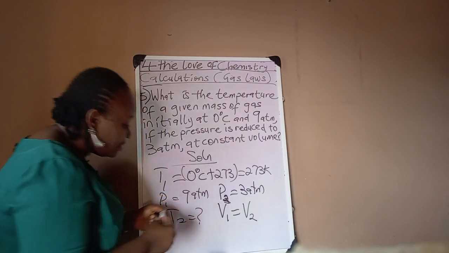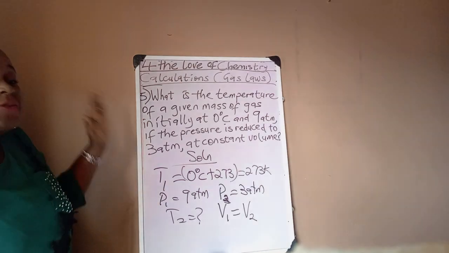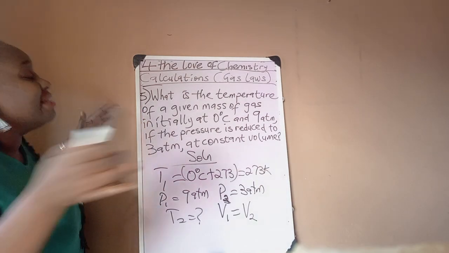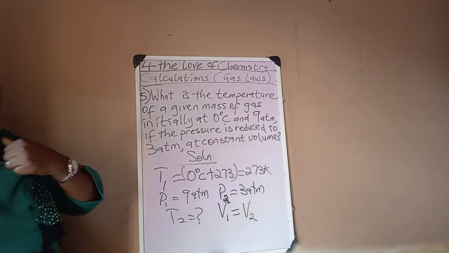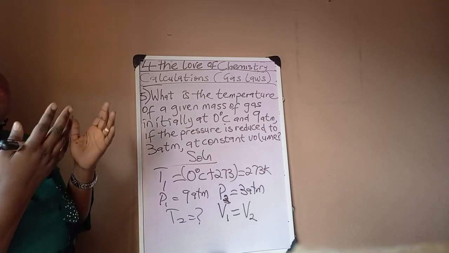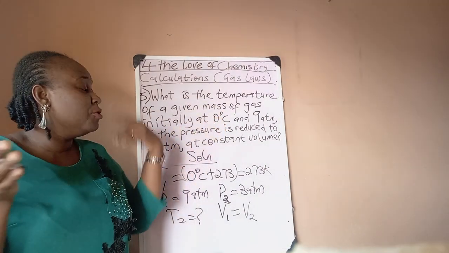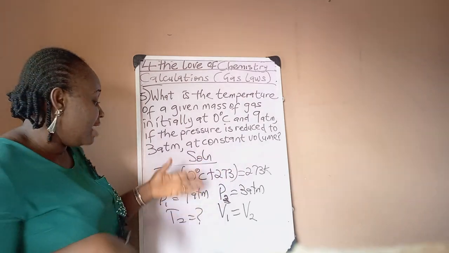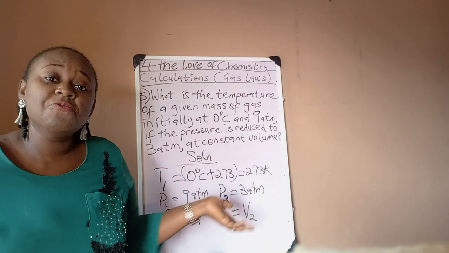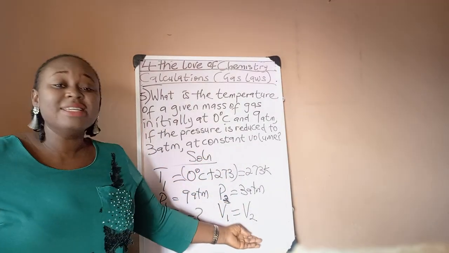So this involves volume, but the volume did not change. If you're confused, you can assign any volume to it, but V1 will be equal to V2, and at the end of the day, V1 will still cancel V2. So it's as good as it's not there.